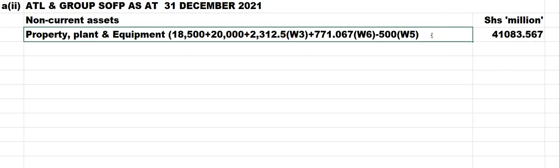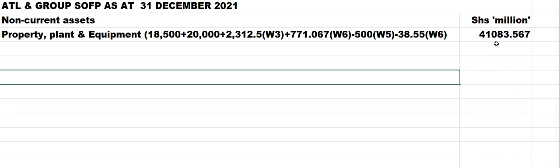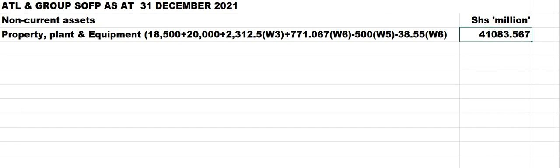We also have to minus the depreciation on the restoration costs that have been capitalized. It was 38.55 from the same working 6. Yeah, we have to minus that. If you see that you don't have space, then you can do a working for that.